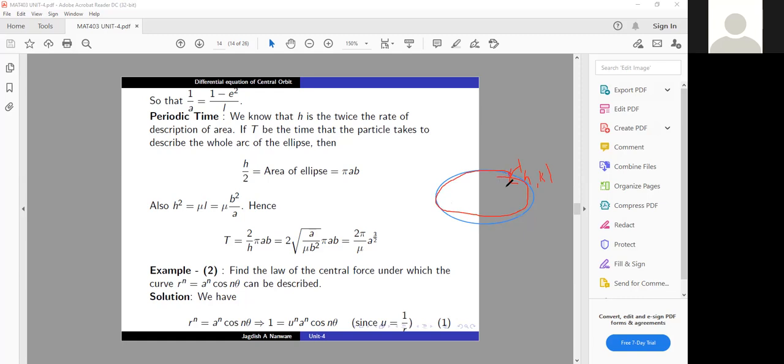So that is the arc of the given ellipse. Then hT by 2 is nothing but the area of the ellipse, and what is the area of the ellipse? That is pi into AB. And therefore, from this, h square is equal to mu into L, which is mu into B square upon A.